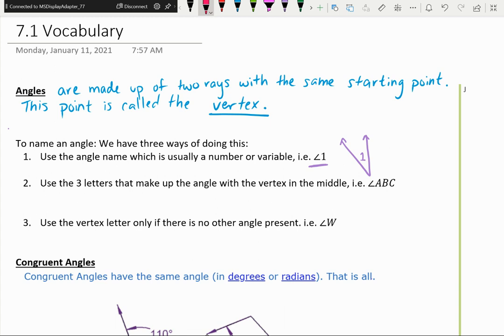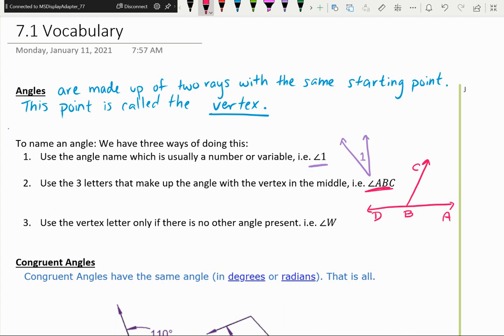The most common way to name an angle is to use 3 letters. So let's say I have a line with a ray coming off of it, and I am labeling angle ABC.